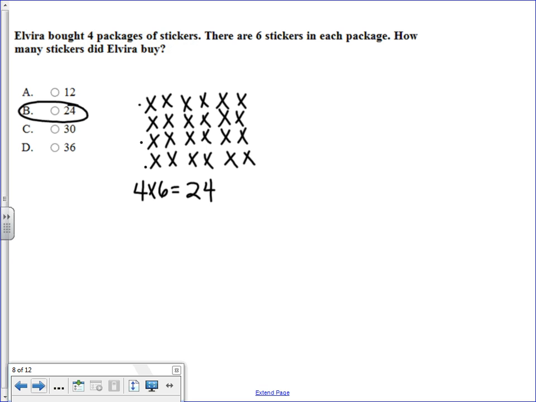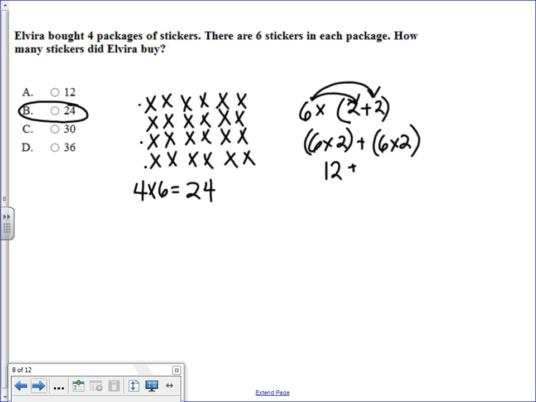Instead of doing 6 times 4, he broke 4 up into 2 plus 2, right? He used that distributive property. And then he multiplied each 2 by 6, and he added them together. Good job, John. Good thinking.